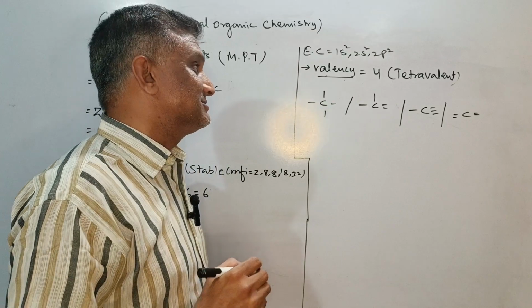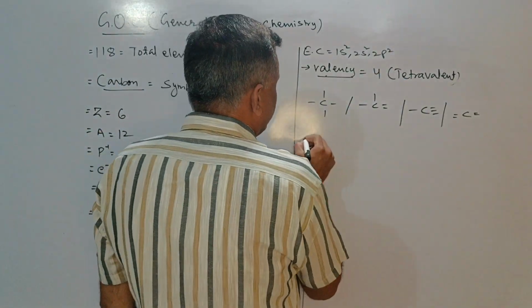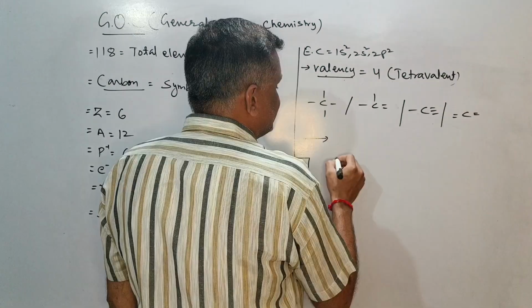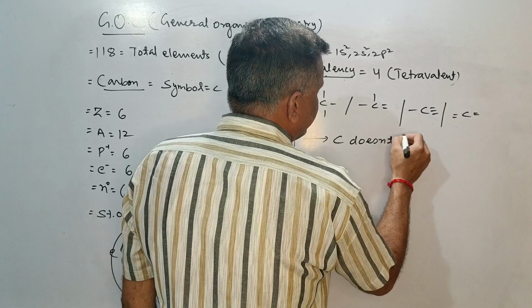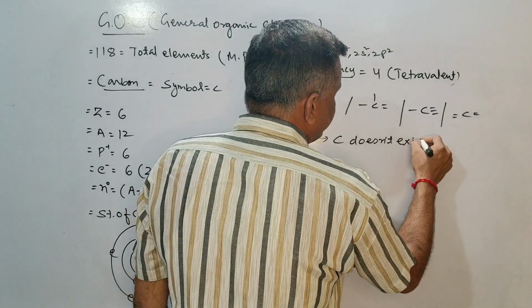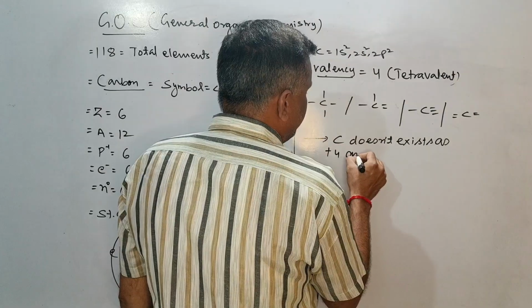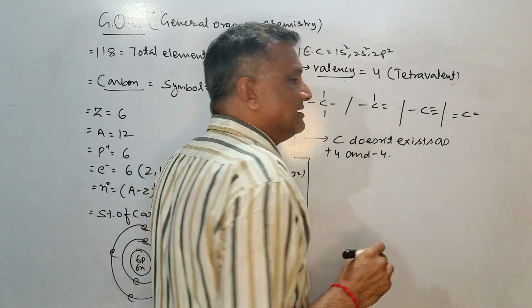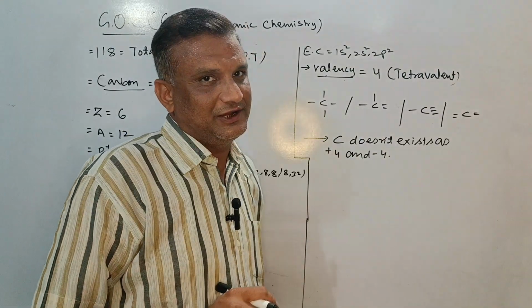Now the time to discuss how it can complete the 4 valency. So if we'll go with the just valency, then carbon doesn't exist as +4 and -4, means ये पर्टिकुलर ना तो 4 इलेक्ट्रॉन लूज करता है, ना ही 4 इलेक्ट्रॉन शेयर करता है.